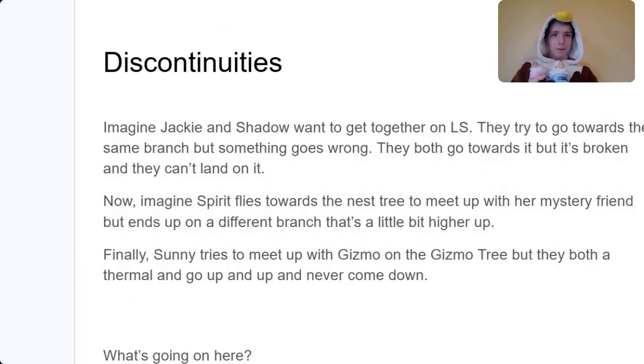So imagine Jackie and Shadow are trying to get together on one of the trees that they like to hang out on, and they go towards the same branch, but that branch is broken and they can't land on it.